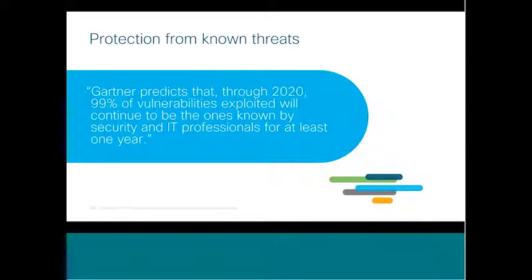What Gartner predicts is that by 2020, 99% of the vulnerabilities exploited will continue to be known ones. And there is another statistic that is also there. By eliminating the vulnerabilities associated with the software, customers can reduce their attack surface by 85%. Imagine that.